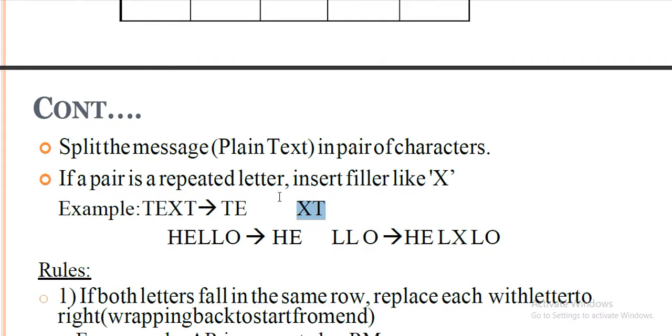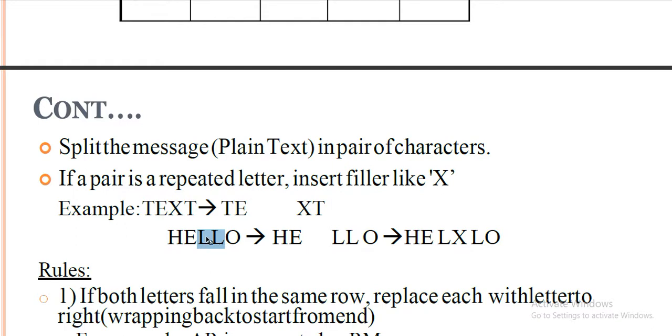If a pair has a repeated letter, then we need to apply a filler like x to do the segmentation of the particular plain text. Say, for example, hello is over here, now we are going to make the pairs. So he is our first pair. Then for the second pair, which is ll, l and l are repeated letters, l after l, both the same letter.